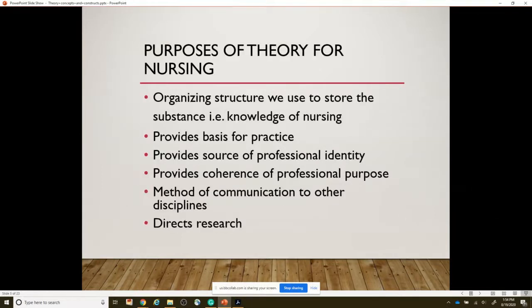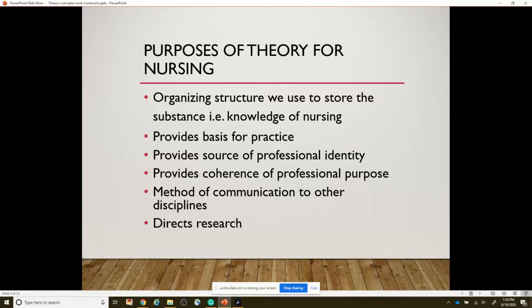And the purposes for theory for nursing: it gives us an organizing structure which we use to store the substance or the knowledge of nursing. It gives us a basis for practice, a source of professional identity, coherence of professional purpose, and a method of communicating to other disciplines, and consequently directs research.